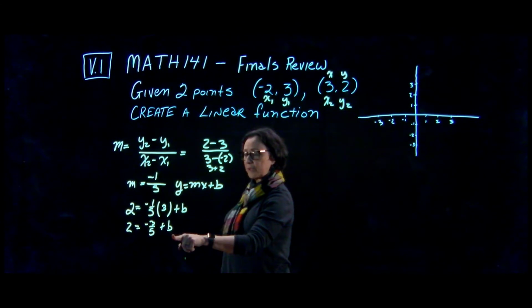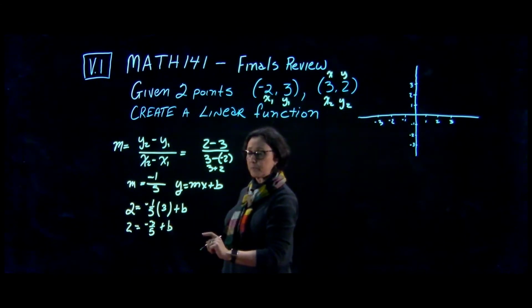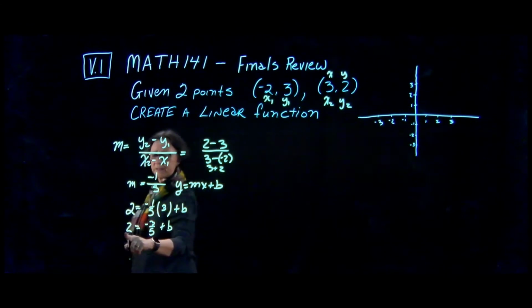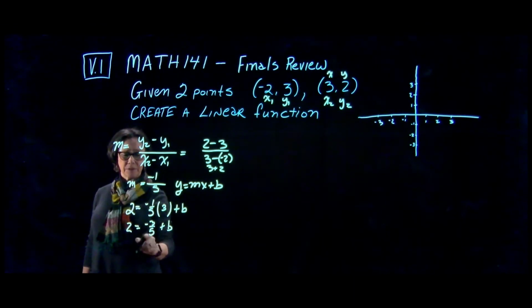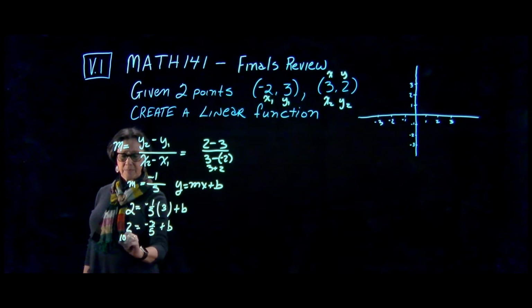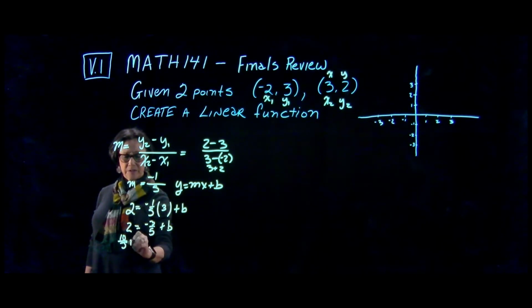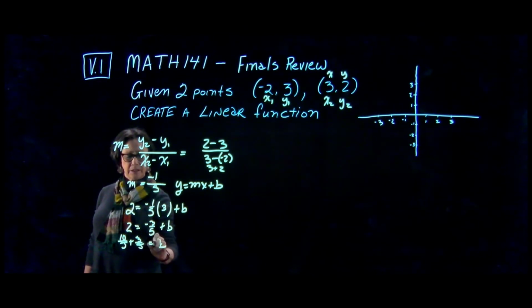To solve for b, I have to add 3/5 to both sides, but 3/5 doesn't add to 2 very nicely, so I have to change that so it has the same denominator. 2 is the same as 10/5. When I add 3/5 to both sides, that isolates my b, and I'm left with 13/5 as my b.